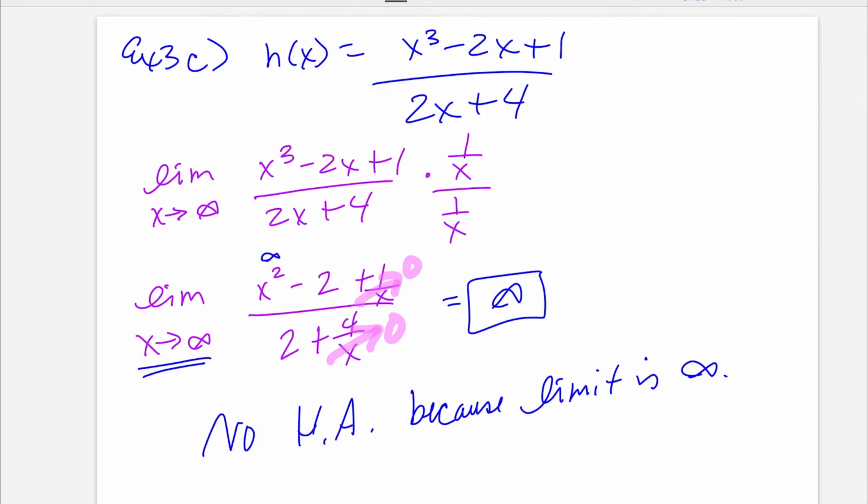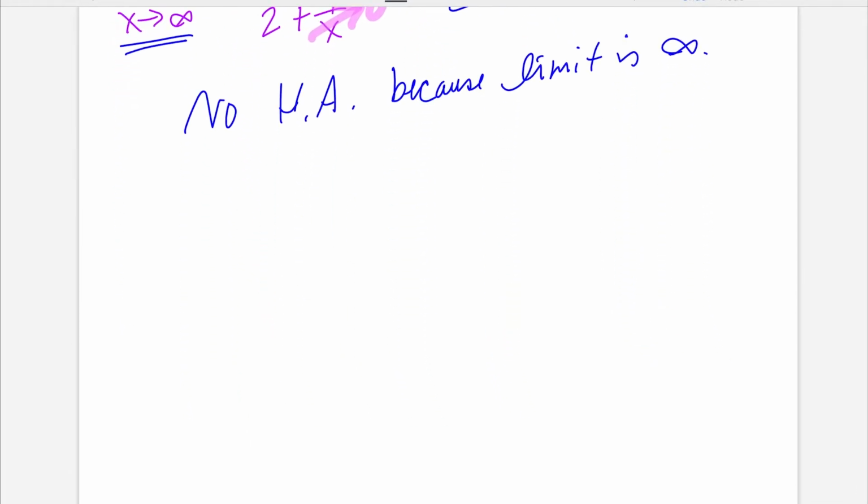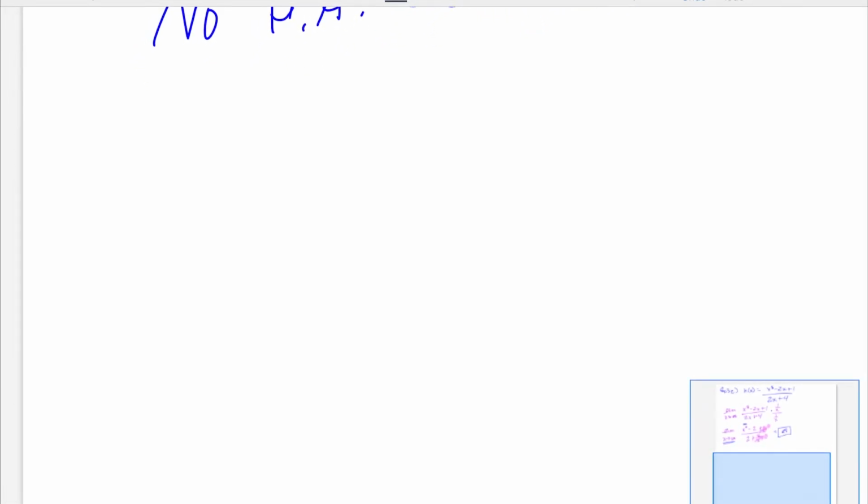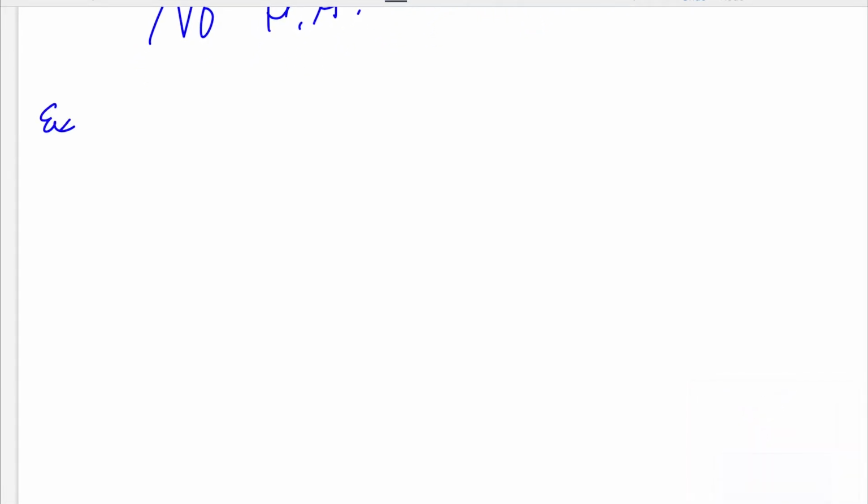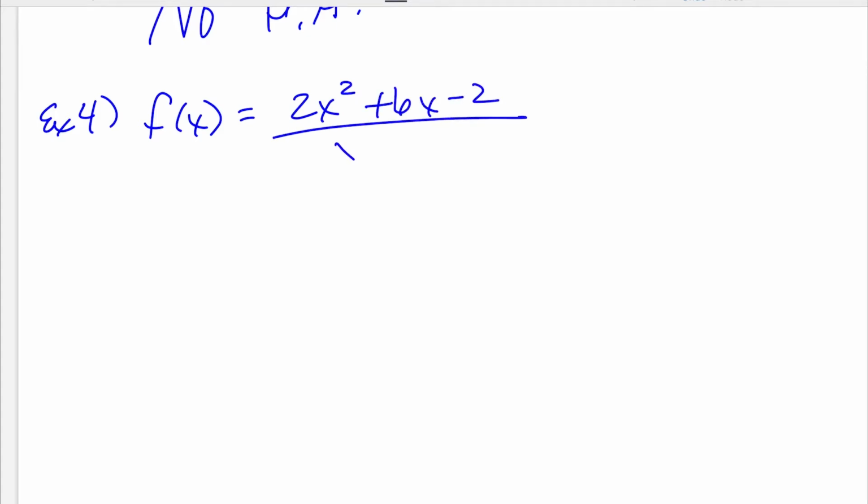Okay, I said we were going to talk about slant asymptotes, so let's do that right here. Here's example 4. My function is 2x squared plus 6x minus 2 over x plus 1.